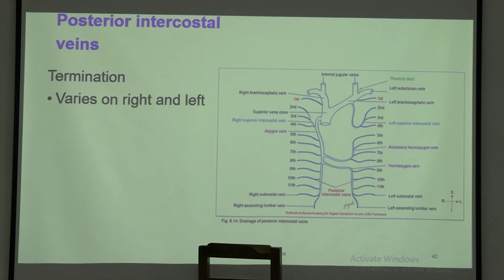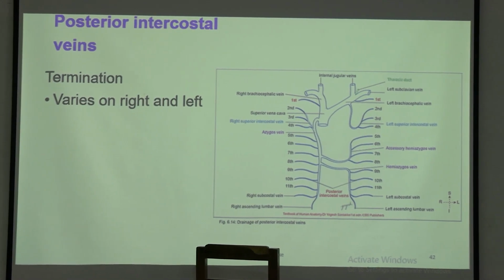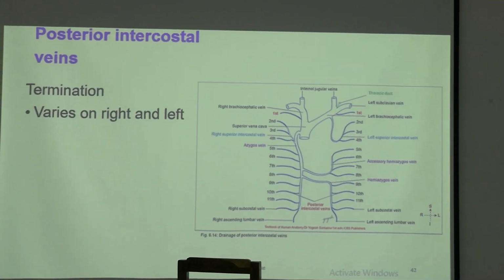Azygos: A means single, zygos means not double, single. So in the posterior thoracic wall we get a vein which is straight in course and has no corresponding arteries.